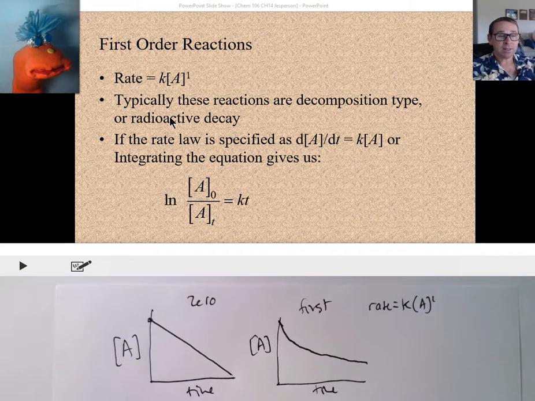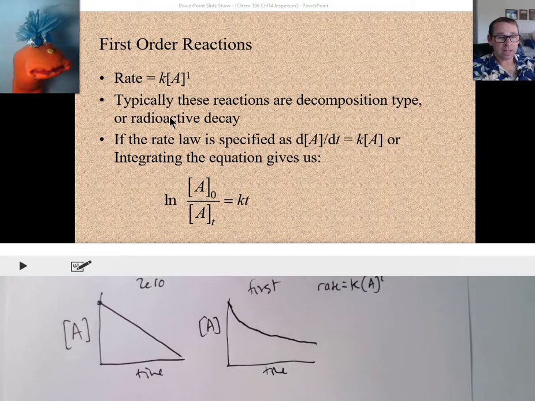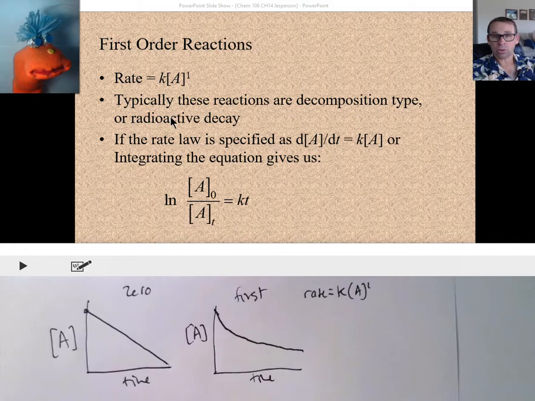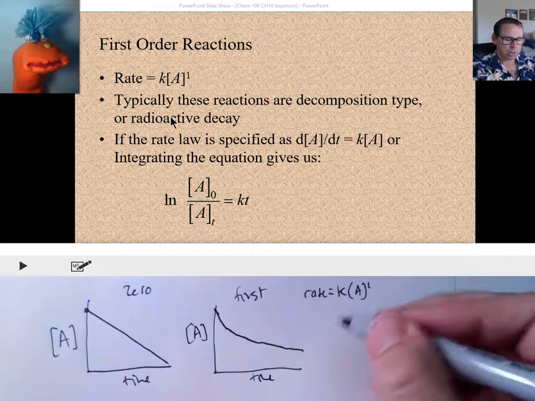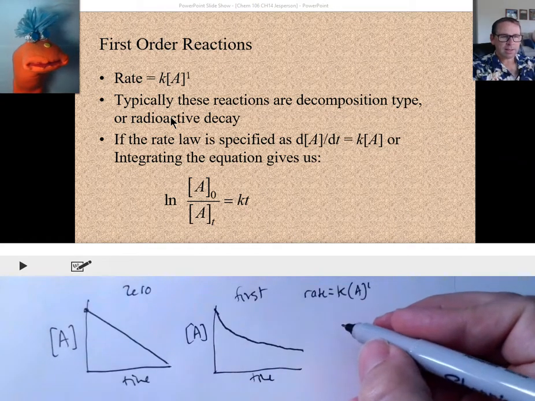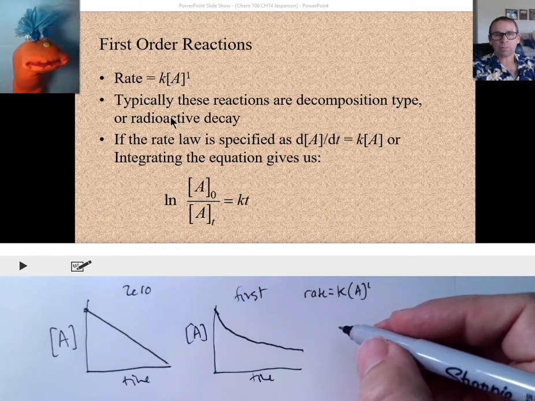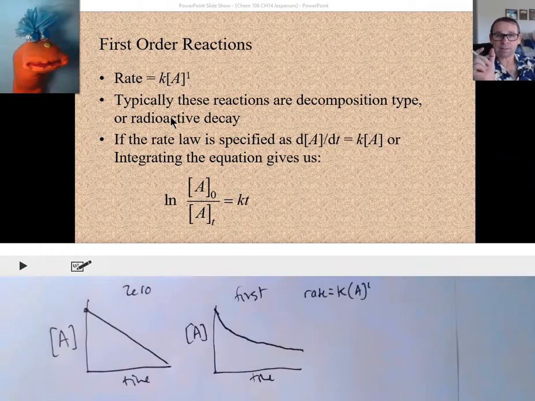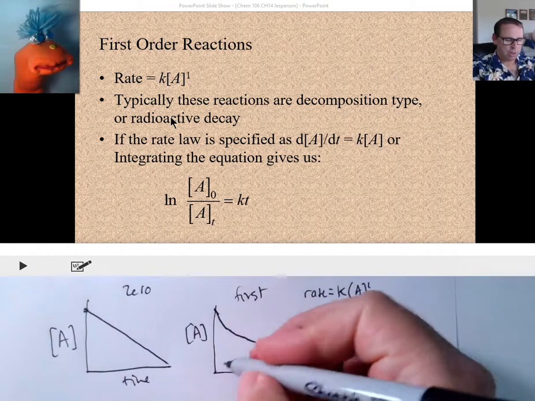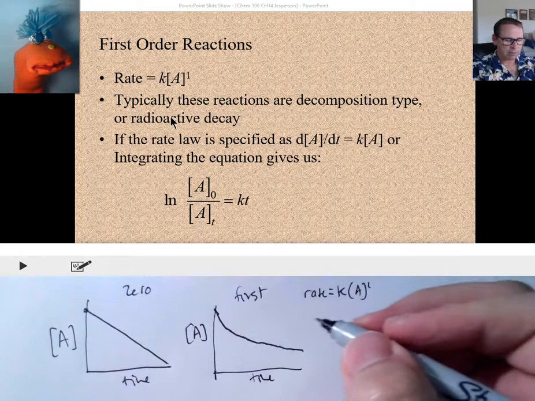And there is another very interesting thing that happens with a first order reaction, dependent on concentration of substrate, and that is that the relative amount of A will be halved at a fixed time interval, and we call that a half-life.